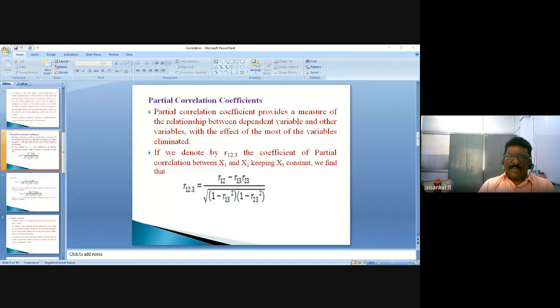So many variables may contribute to the yield of a particular crop. I want the total correlation between the yield and the set of all variables affecting the yield, all the variables taken together, the impact of all the variables taken together on Y. If I want to find such a relationship, that is called multiple correlation.